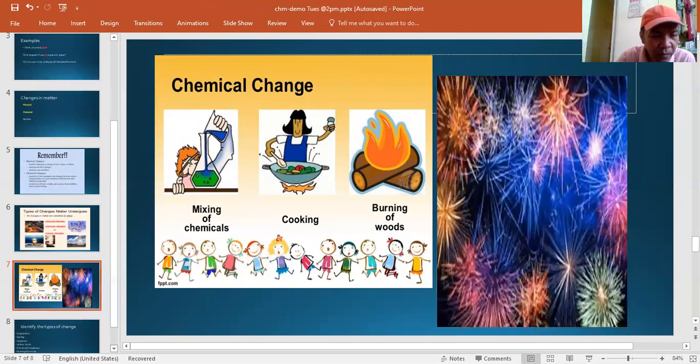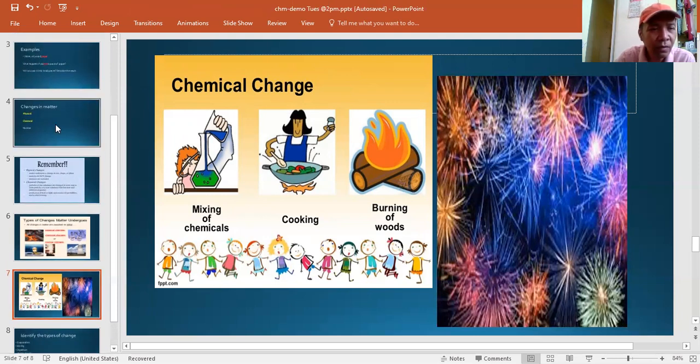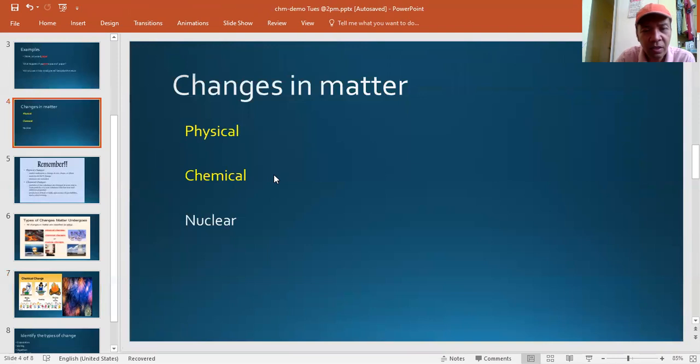Now, what are the three changes again in matter? We have physical change. How do you define physical change? Physical change is a type of change that does not alter the properties, the composition, and structure of a substance.